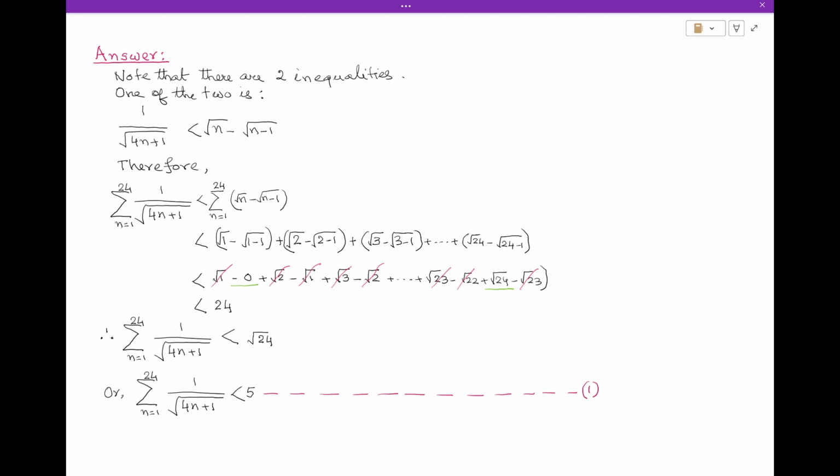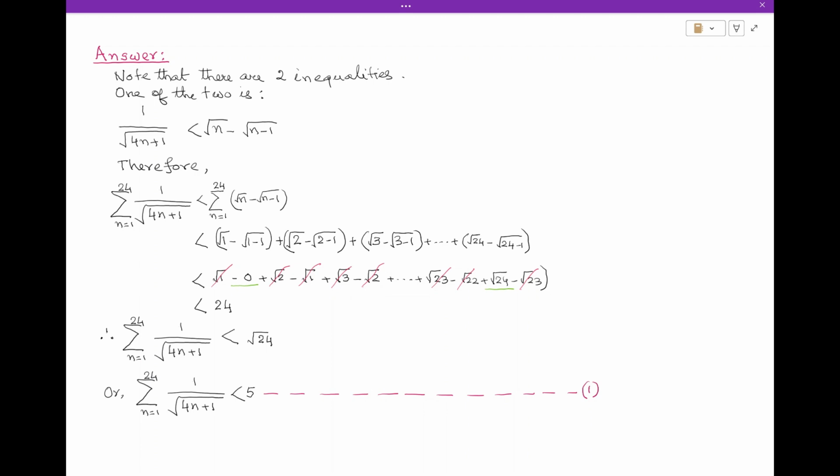Now, if you evaluate the square roots under each parenthesis, we get square root of 1 minus 0 plus square root of 2 minus square root of 1 plus square root of 3 minus square root of 2.